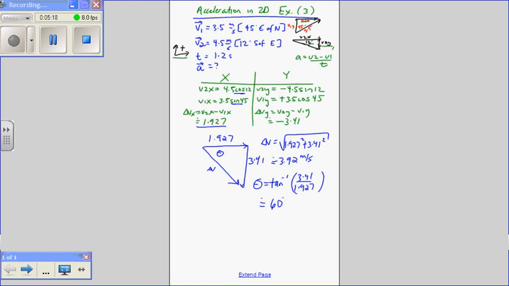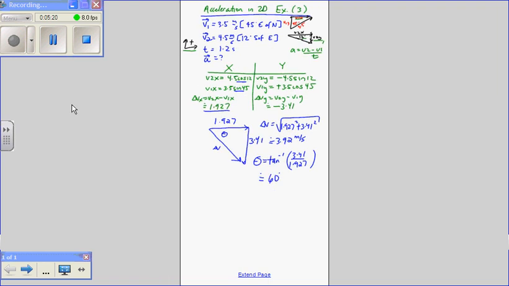That gives us an acceleration then that will be equal to v2 minus v1, so it's 3.92 meters per second, 60 degrees south of east, over our change in time, which was 1.2 seconds. So the final answer is about 3.3 meters per second squared.